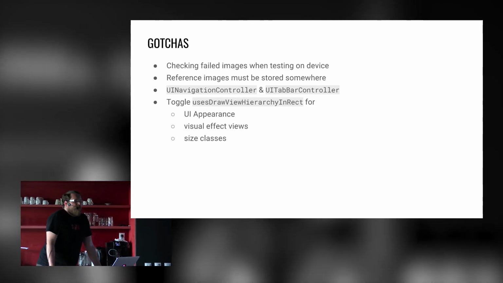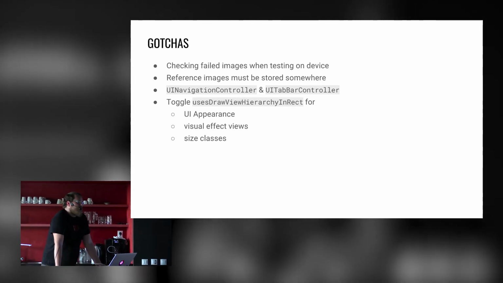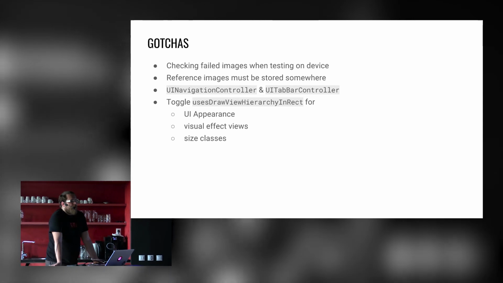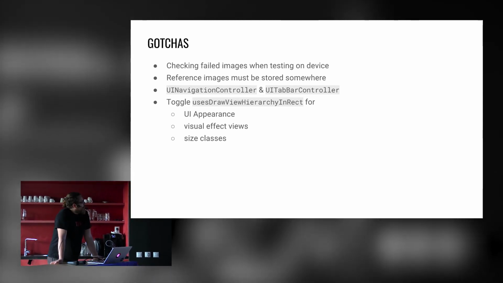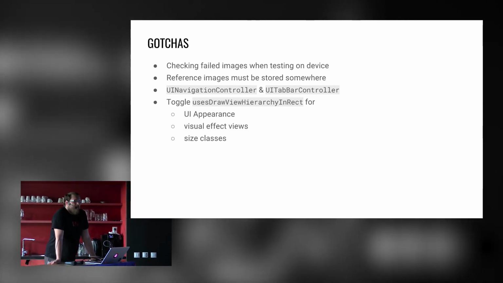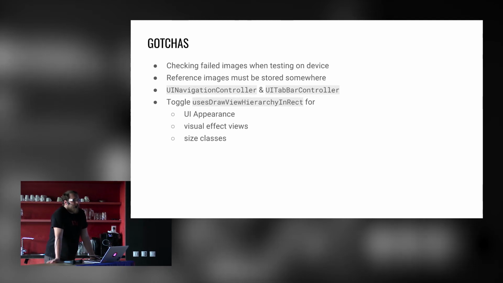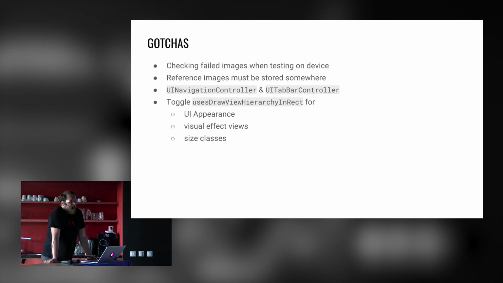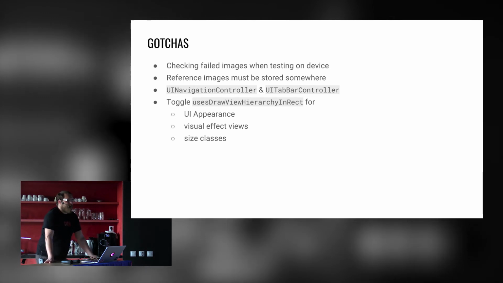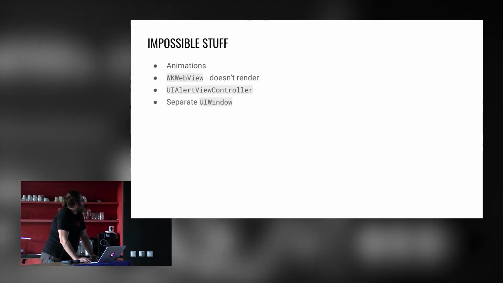And if you want to test UIAppearance, size classes, or visual effect views, you will need to enable usesDrawViewHierarchyInRect, because that is a different method of how the views are rendered. This is a bit slower, but it takes into account all those effects and decorations.